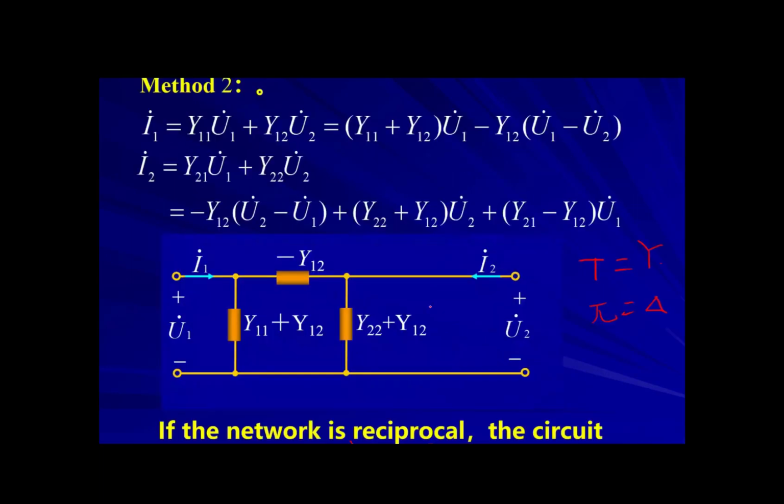Inside the port, pay attention, this point and this point in the equivalent circuit are connected together. That means these two terminals have the same voltage, but in the original circuit maybe they are not connected together, so the voltage or the potential are not the same.